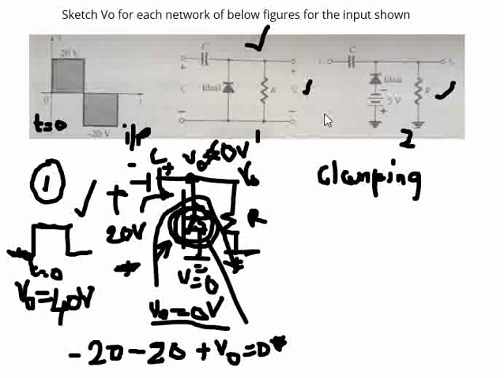Same scenario. We have to start with the on condition, and here we have minus 5 volts instead of 0 volts.